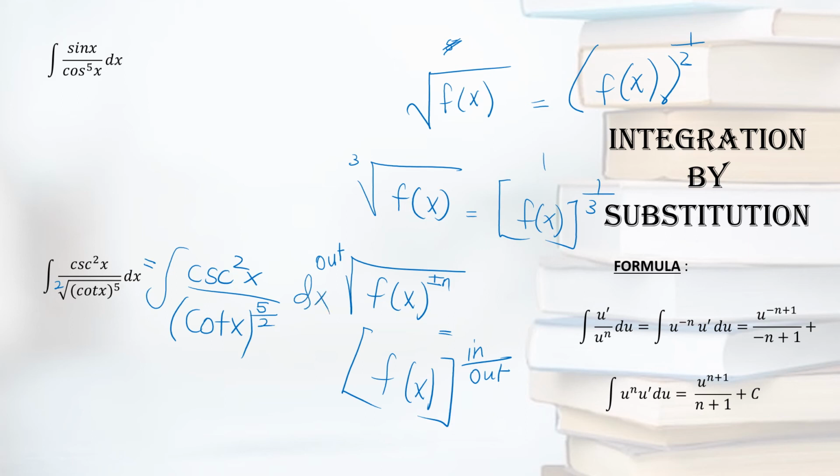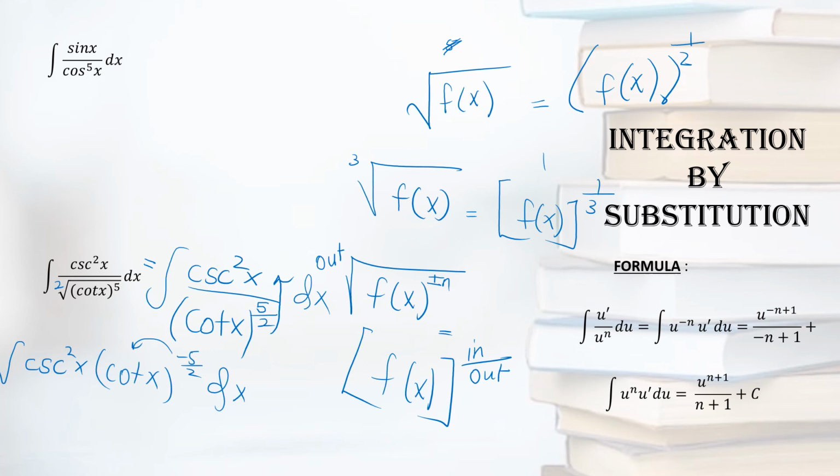But whenever we integrate, we have to bring the function on the top. So the function can be written as cosecant square x times cot x whole to the power negative 5 over 2 dx. Now negative 5 over 2 is a weird thing, so always consider that function as a complex function.